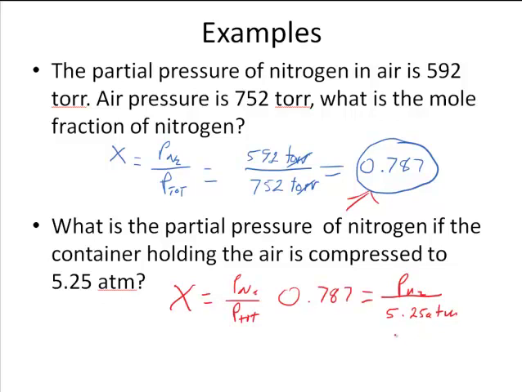Okay, so doing our awesome algebra, I'm going to times that by that. You guys know how to solve for x, right? And I get a pressure of nitrogen gas, in this case, equaling 4.13 atmospheres. Now this has a unit, obviously, because we're left with atmospheres when we multiply those two numbers. So there you can see how mole fraction is useful in finding the partial pressure of another gas, which is exactly what we did there.